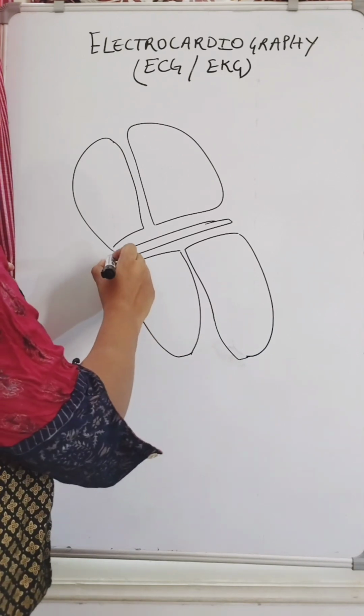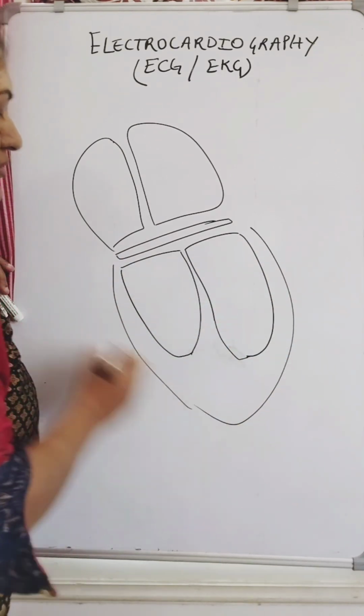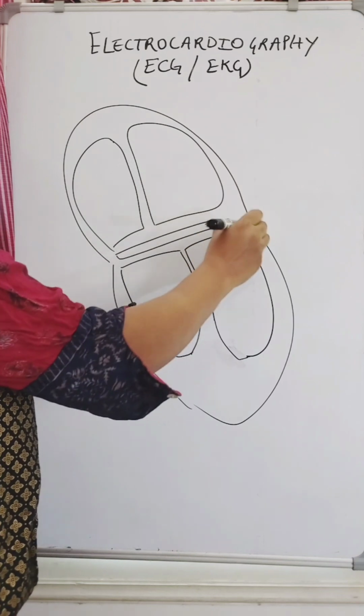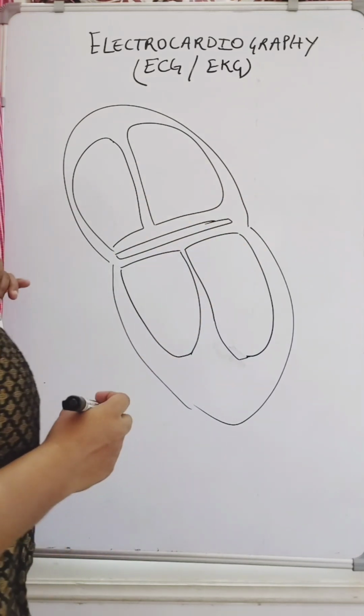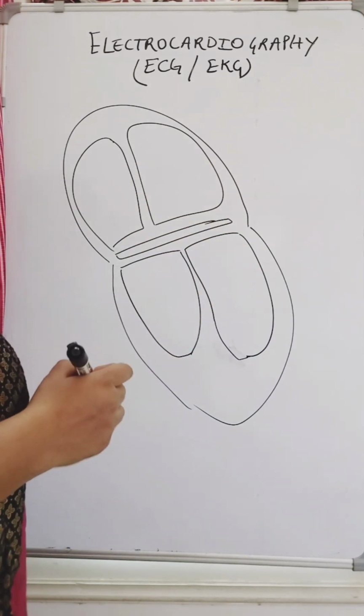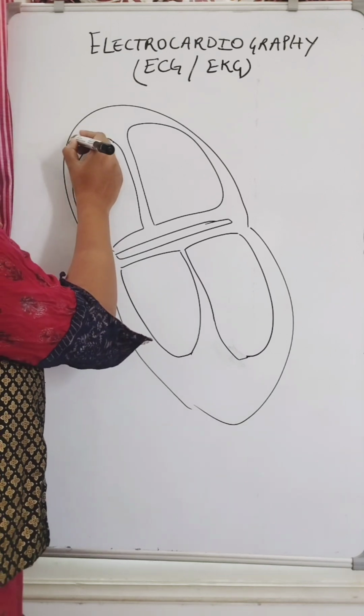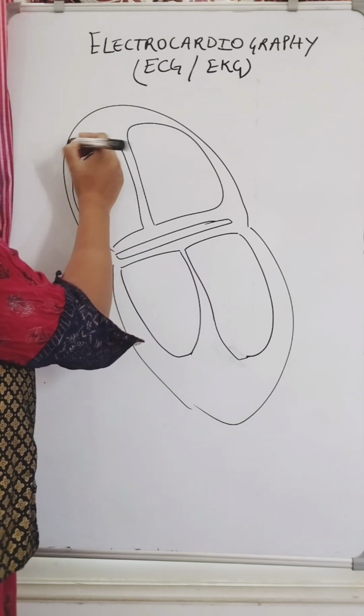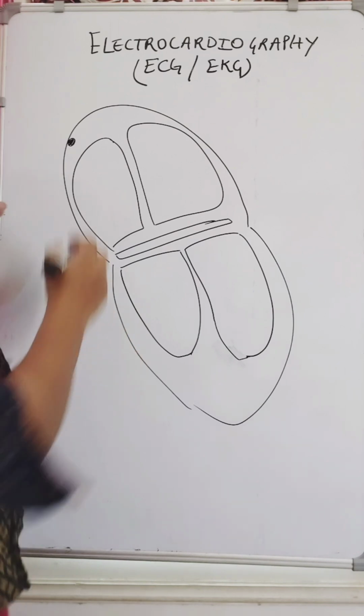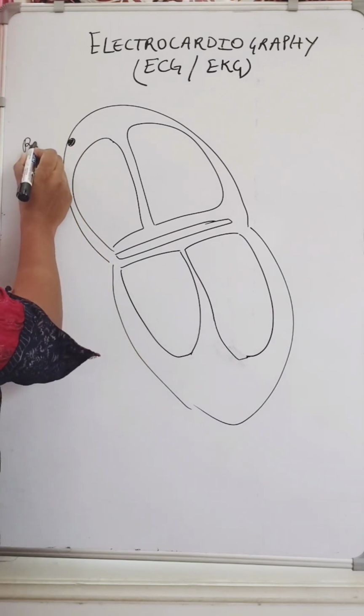Okay, so now this is the human heart. We know that the electric impulses always begin from the sinoatrial node, that is the SA node. This SA node is located towards the right side of the heart.